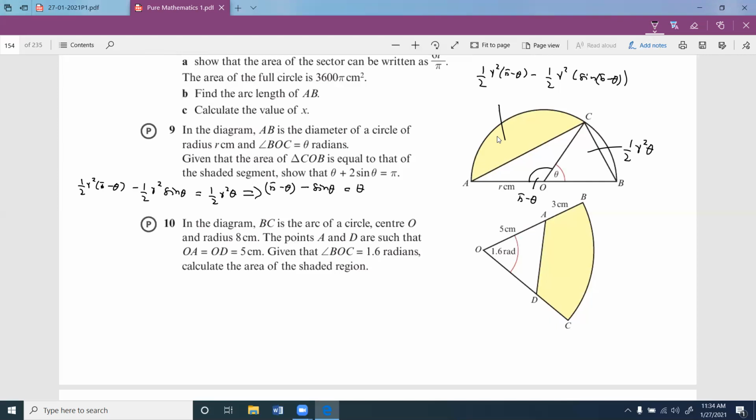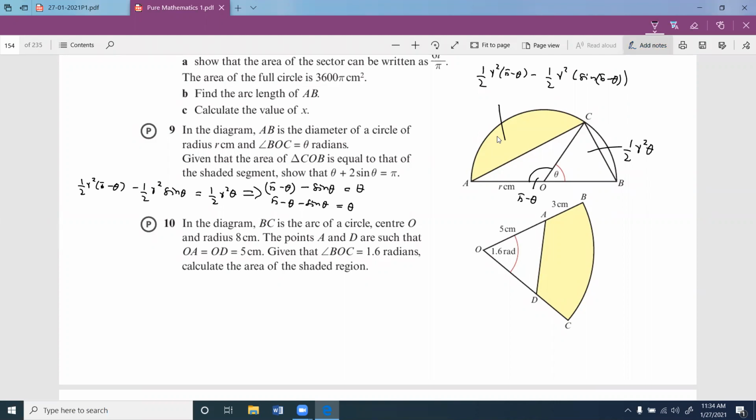Then if you work out with that, let's see how to get it. Yes, pi minus theta minus sine theta is equal to theta. Then let me see whether I made any mistake. Half r squared (pi minus theta) minus half r squared sine (pi minus theta).